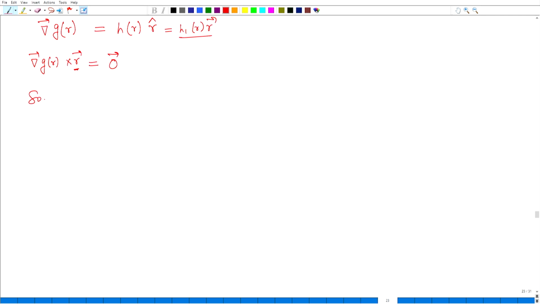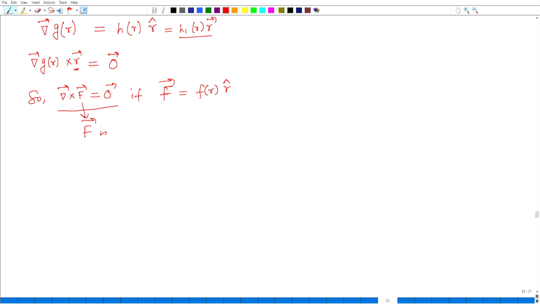So, curl of F is equal to 0 if F is equal to F(r) r cap. And what is the meaning of that? You all know, this is simply saying that F is a conservative force field.